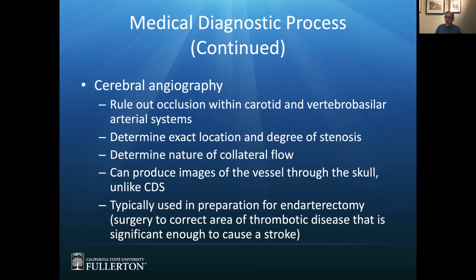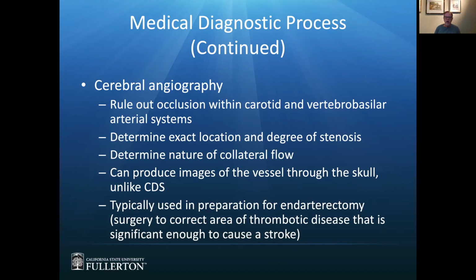And it's done only really if they are going to plan a surgical intervention, so that they can see exactly what's wrong with the artery and exactly where it is. So typically they'll do the test and then the surgery right away. It's kind of like all the same procedure.